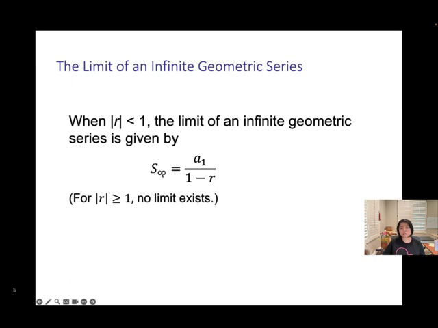Okay, S infinity will be equal to the first term, A1 over 1 minus R. And keep in mind the R has to be less than 1 here. Okay, R has to be less than 1.